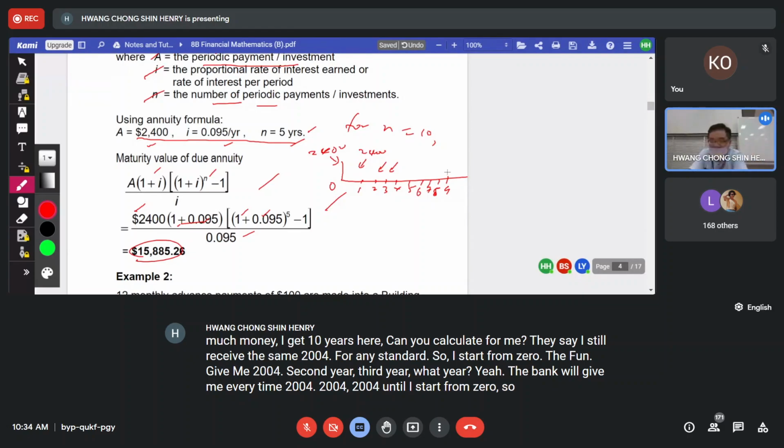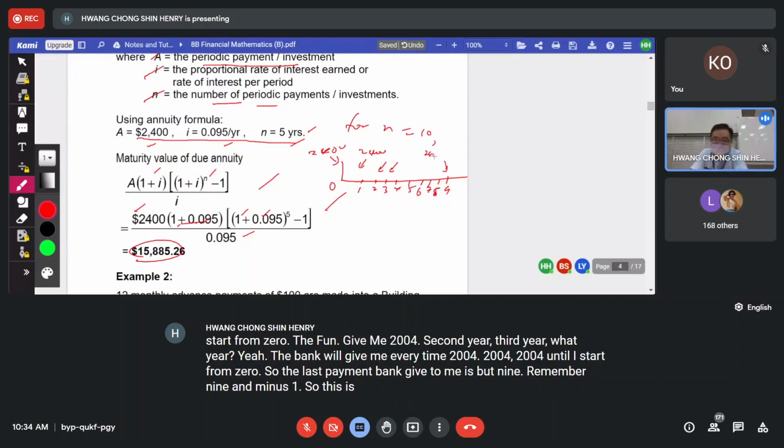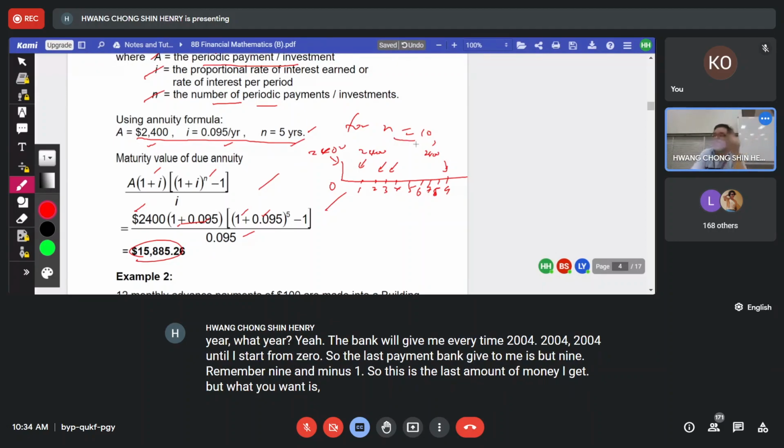So the last payment bank give to me is what? 9. Remember 9? N minus 1. So this is the last amount of money I get. But what you want is maturity value. 10. This is your maturity. We call this maturity value.